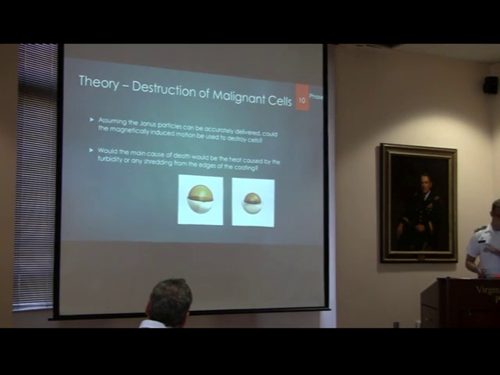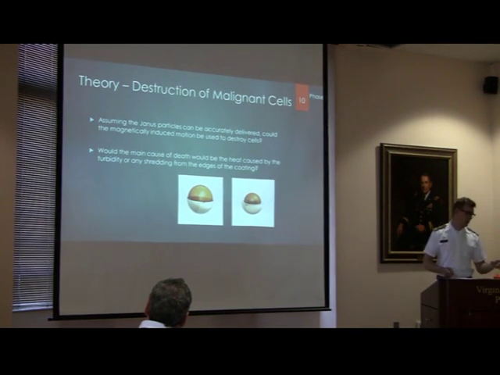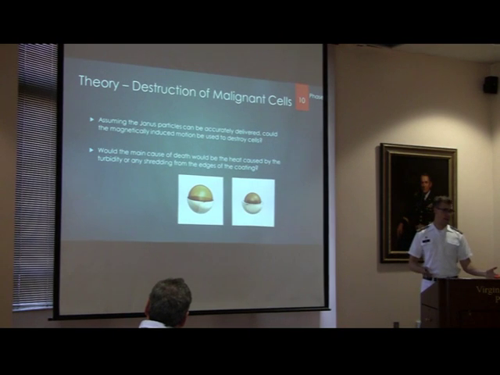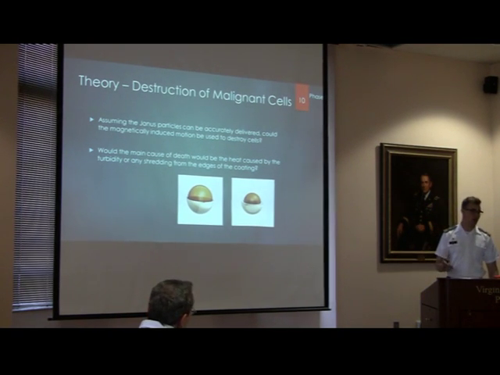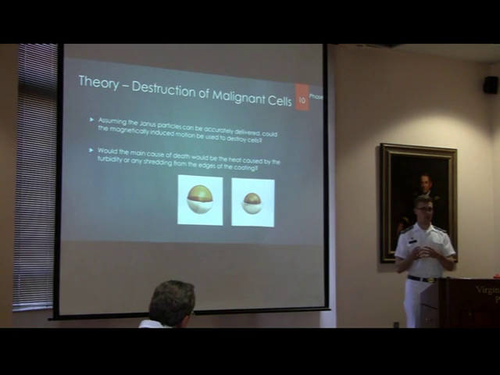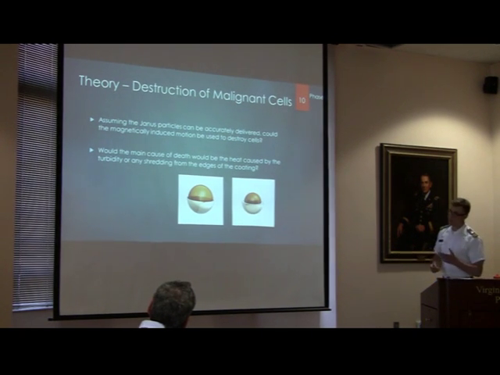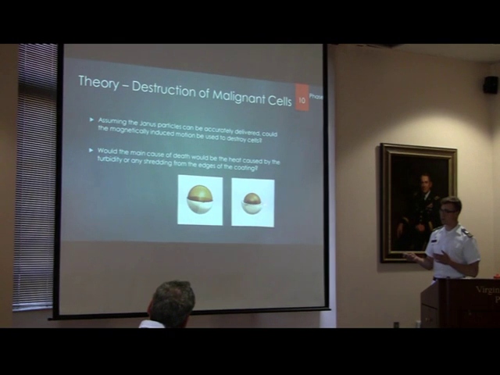I have one more note on the theory before we go into the observation, which was what would actually destroy these. In the process of this, we thought originally it was going to be the heat. So we thought if we spun these particles next to the tumor fast enough, it would generate enough heat to cook that one part of the body from the inside out. So we could cook these cells using just magnets from the outside. But in making these, we found that using 1 micron particles with a 140 nanometer coating, it actually creates a kind of lip that could shred.